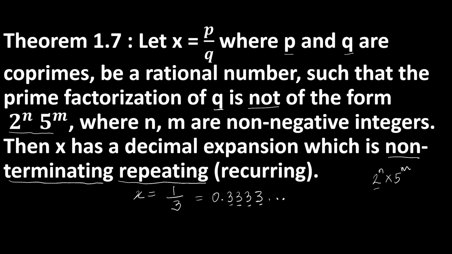So if you cannot write the denominator of the rational number in the form of 2 raised to n into 5 raised to m, then that rational number will have a decimal expansion which will be non-terminating and repeating. Repeating is also known as recurring.